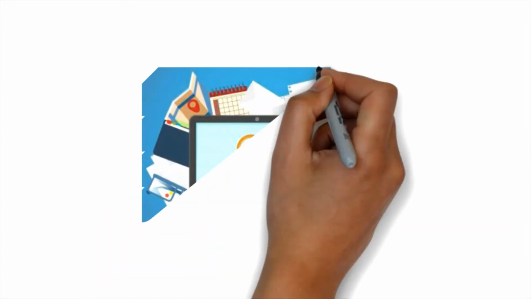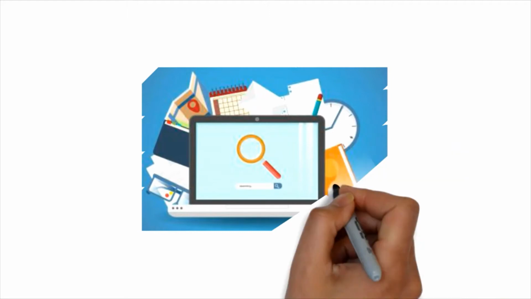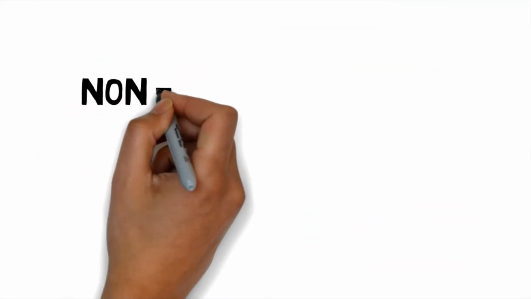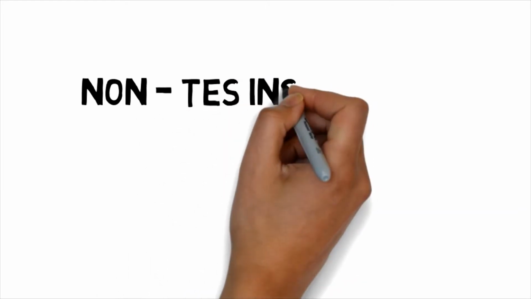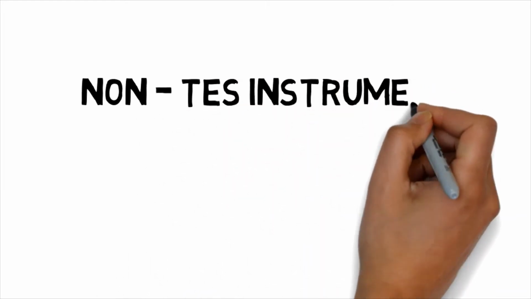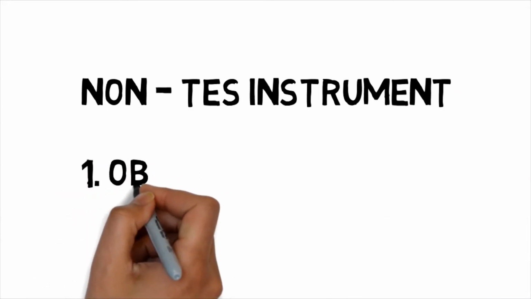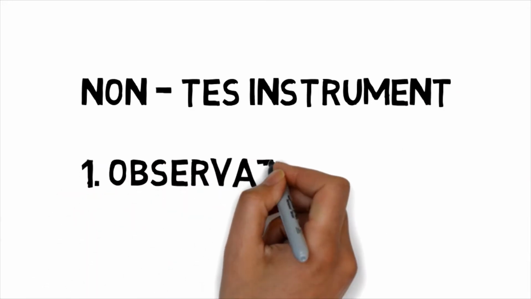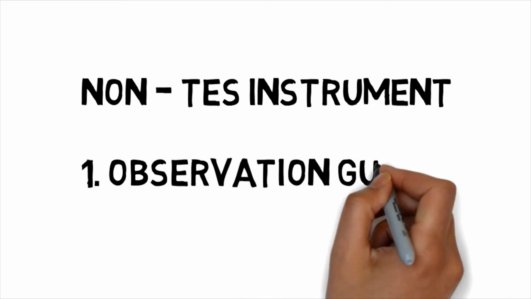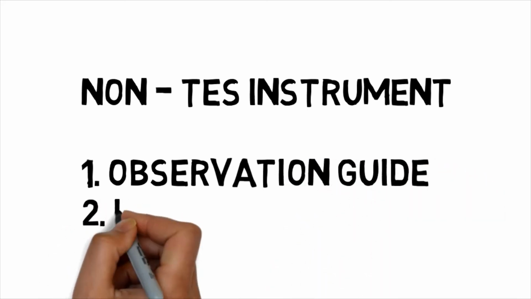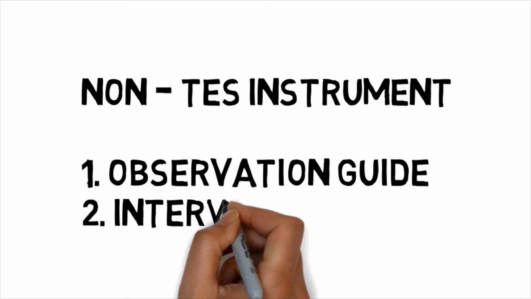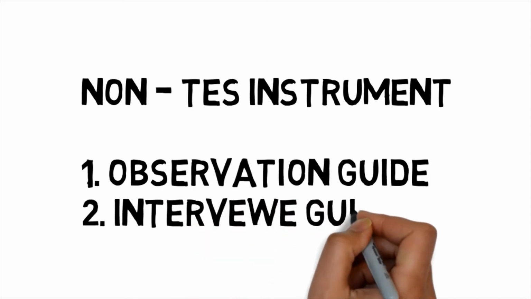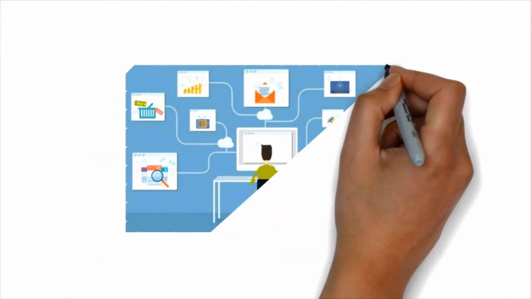The instrument of this research for collecting the data in this study is a non-test instrument, because this research will use the observation guide and interview guide for collecting the data. Then the reading comprehension test is just administered by the teacher to measure the students' comprehension in reading. The data analysis techniques.